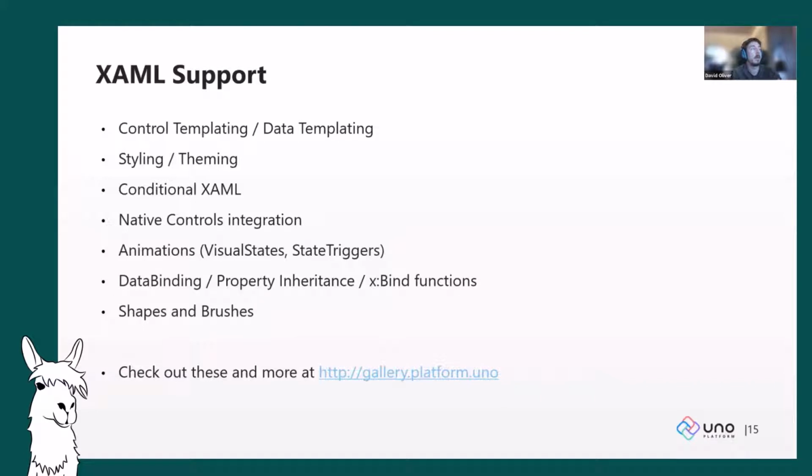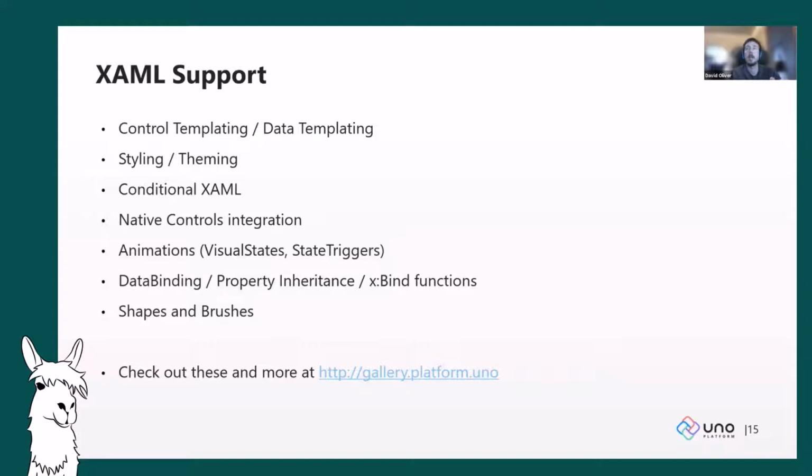You can do animations. You can animate essentially any property of the view using the WinUI animation specifications. You can also define state triggers to have states applied depending on the dimensions of the window, for example, which is great when you're building a responsive application that needs to target multiple form factors like desktop, tablet, mobile phone.